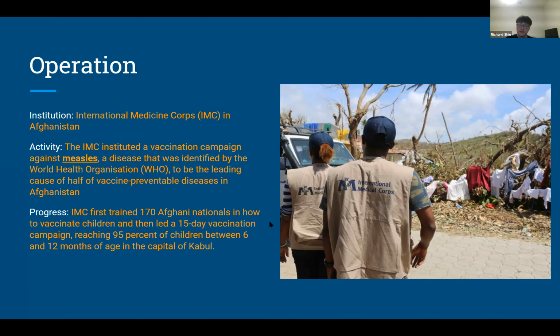There has been serious danger in Afghanistan because the infant mortality rate has increased due to measles. What IMC first did was train 170 Afghan nationals how to vaccinate children, and then they led a 15-day vaccination campaign, reaching 95% of children between 6 and 12 months of age in the capital, Kabul.